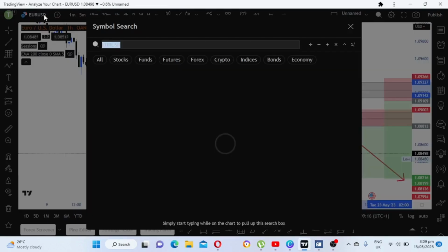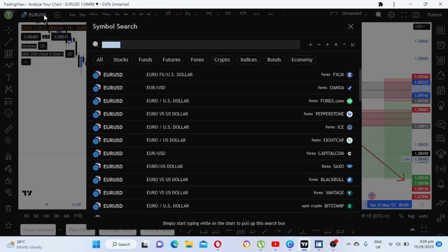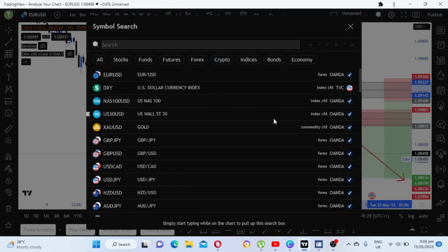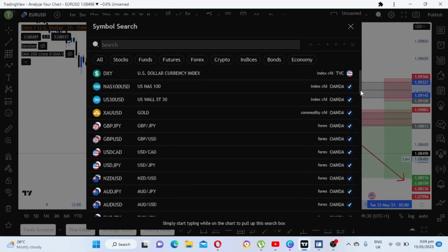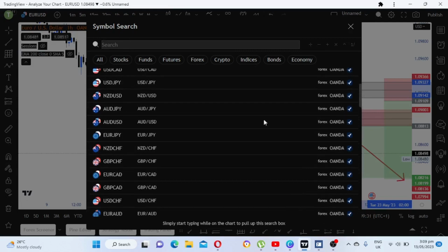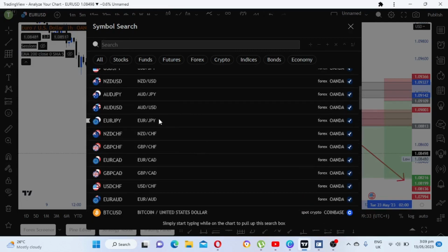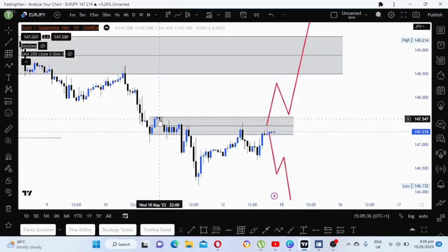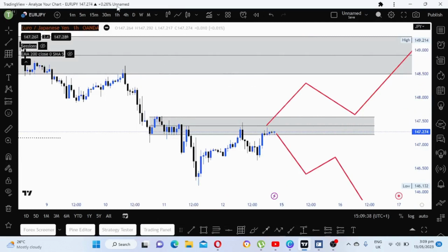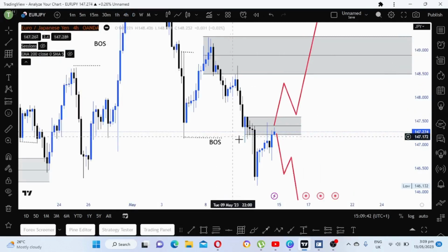So now let's look at the GBP USD. Not GBP USD, but Euro JPY. Let's look at Euro JPY. Now looking at Euro JPY, we are on H4. We are bearish. As we can see, we have a break of structure and price is currently at this supply zone.